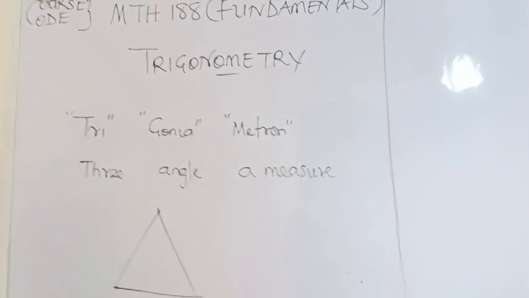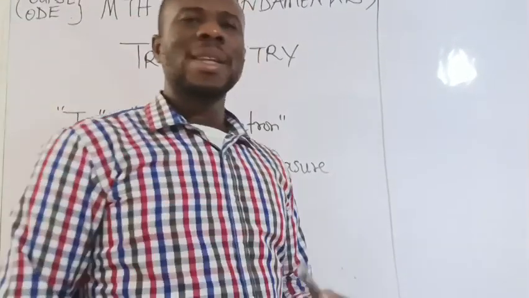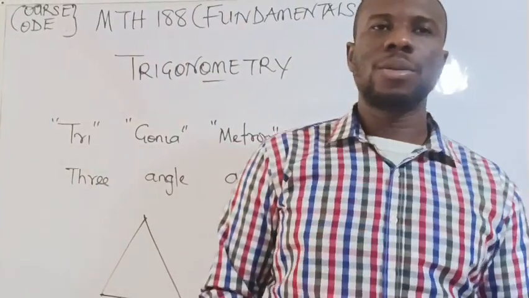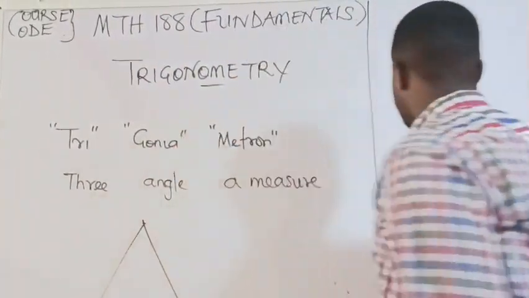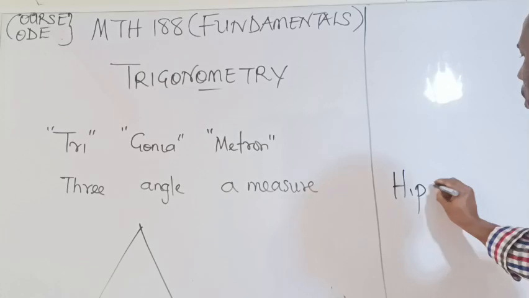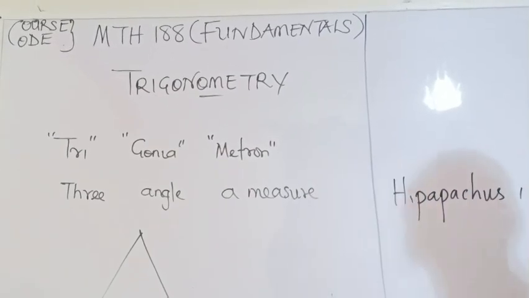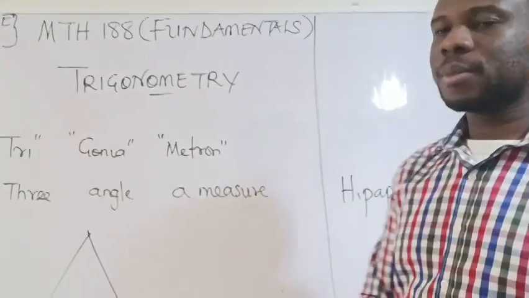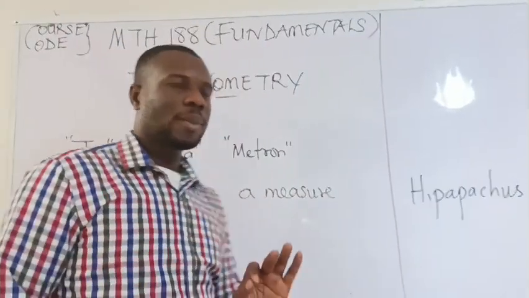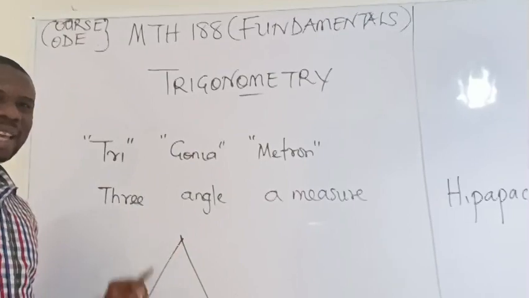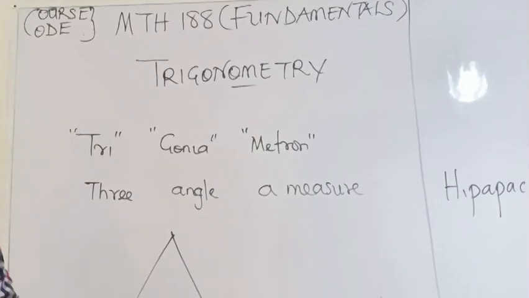And now, a mathematician by the name Hipparchus, he was Greek, Hipparchus, in 140 BC, was the first to establish the relation between the sides and the angles of a triangle.